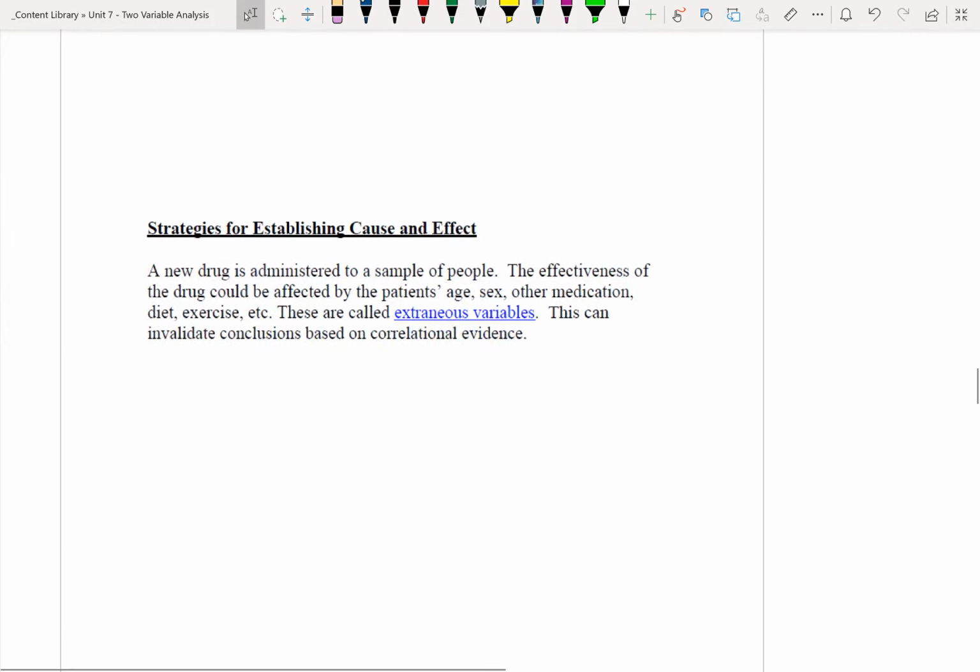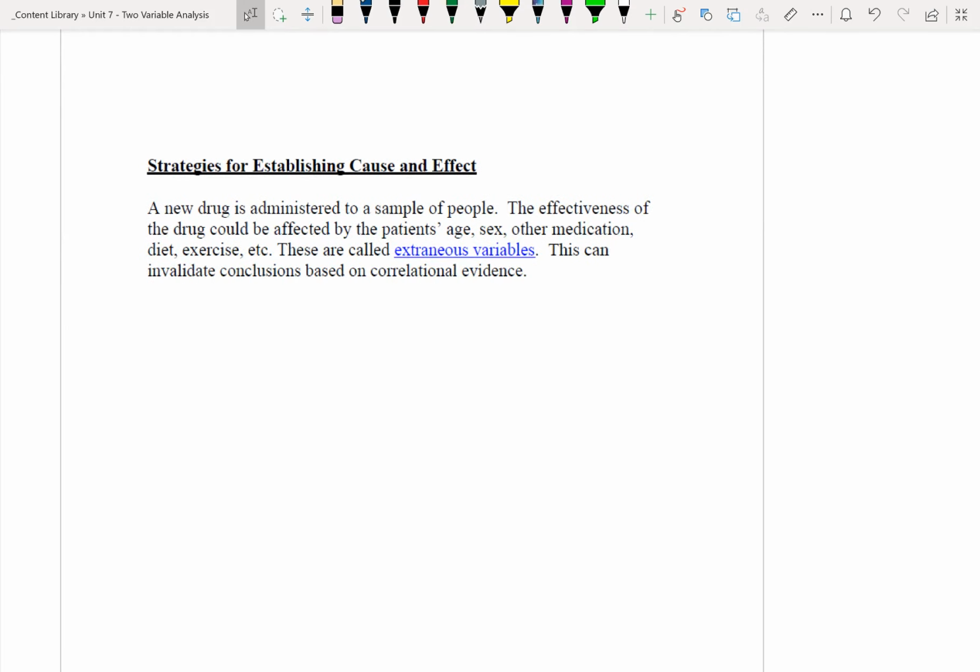So strategies for establishing cause and effect. A new drug is administered to a sample of people, and the effectiveness of the drug could be affected by many variables: the patient's age, sex, other medication they're on, diet, exercise, etc. These are called extraneous variables, and this can invalidate conclusions based on correlational evidence.